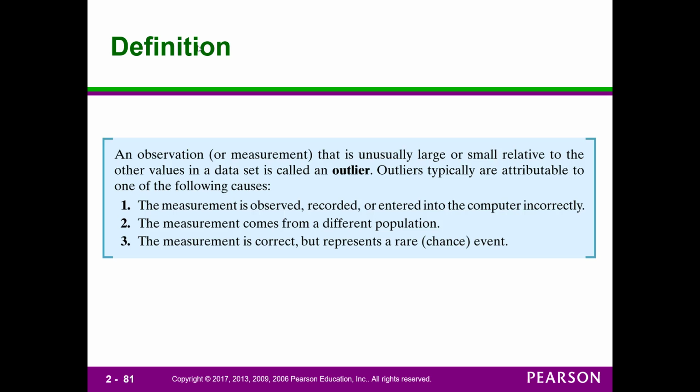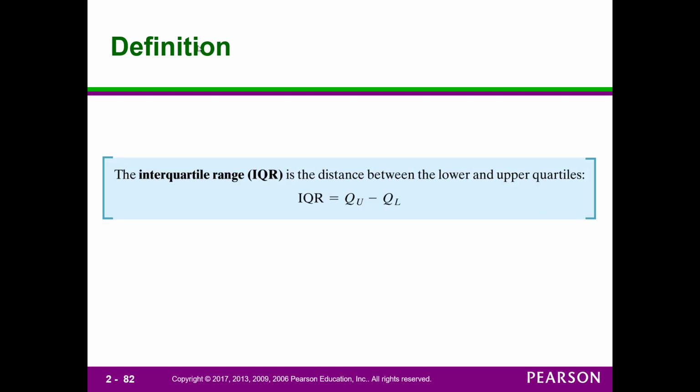The box plot is based on the quartiles defined in section 2.6 of the data set. Specifically, a box plot is based on the interquartile range.